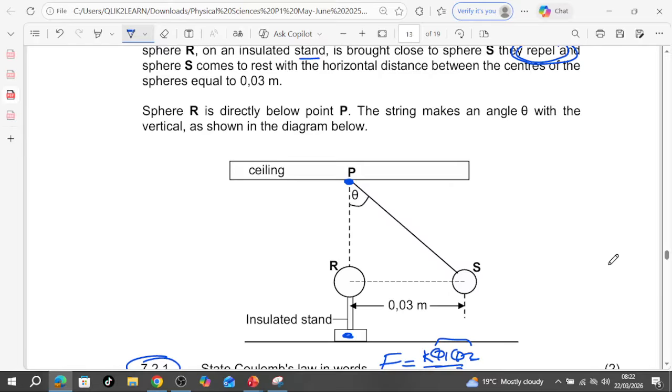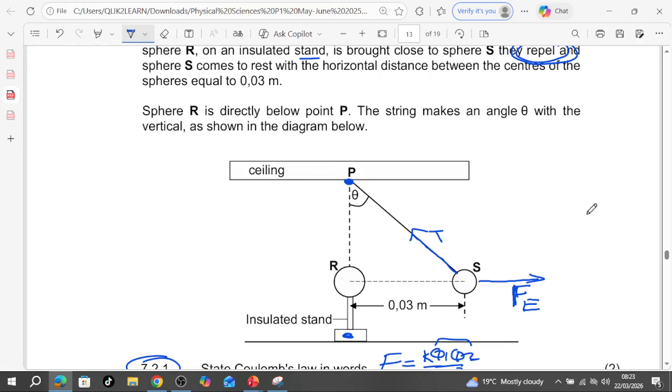So for S, the electrostatic force will move in that direction. Let's call this Fe. And then I'm not sure if we can call this the rope or the tension. Maybe let's use that for tension.